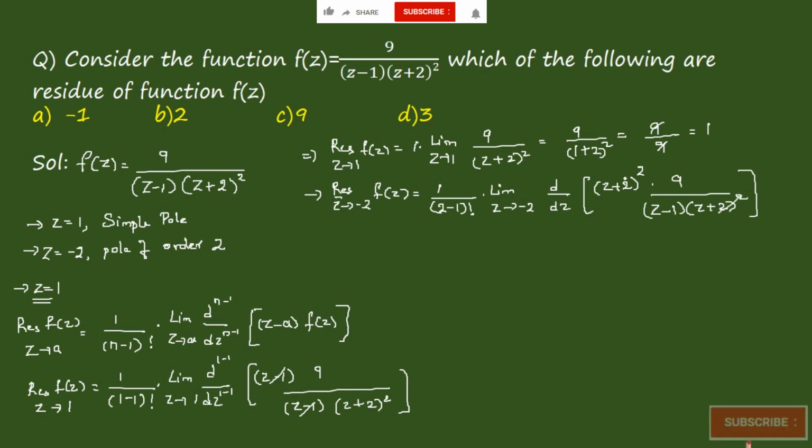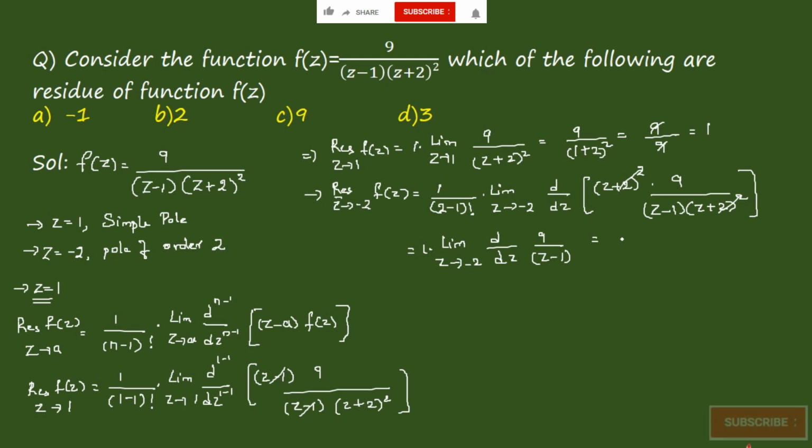These two get cancelled. Now we get 1 factorial, and 1 divided by 1 factorial is 1. So 1 into limit z tends to minus 2 d by dz of 9 by z minus 1.